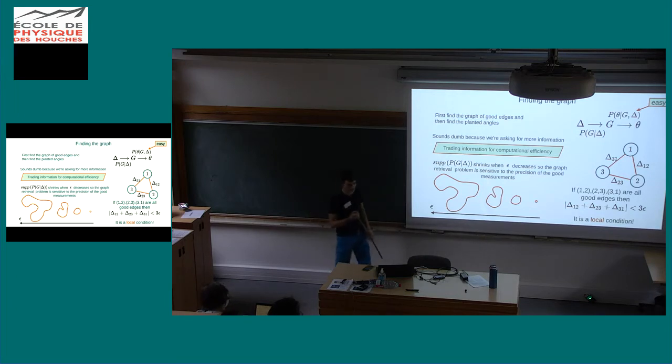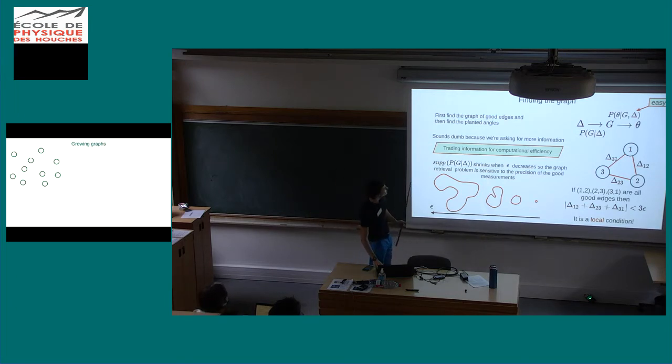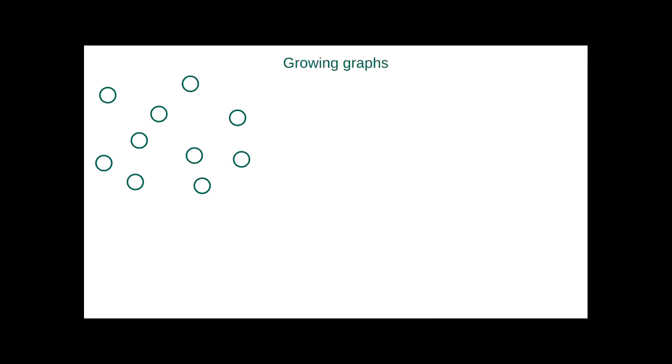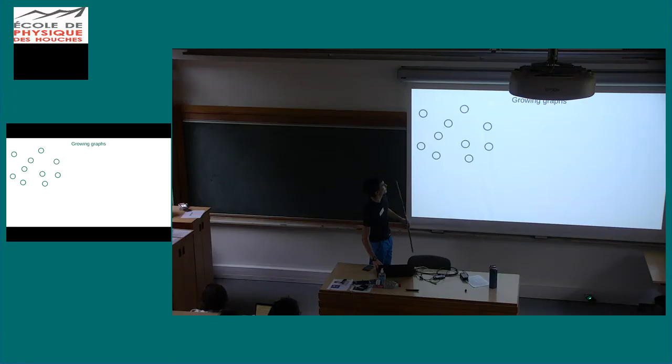Yes. Okay. So, how do you do this practically? You grow the graph. The first thing you do is look for a triangle. You start your algorithm like this, and with high probability you find one as long as p is greater than 1 over n.